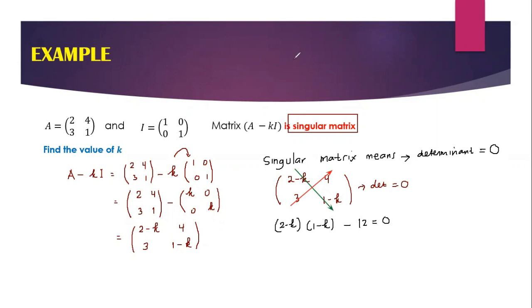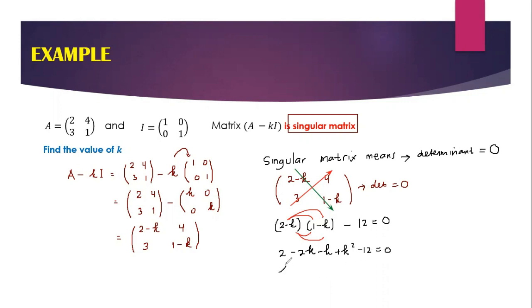Okay, now we are going to use the algebra concept. 2 times 1 is 2, 2 times minus k is minus 2k. Minus k times 1 is minus k, and minus k times minus k is positive k squared, minus 12 equals 0.